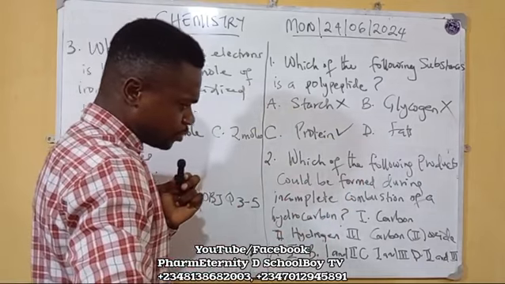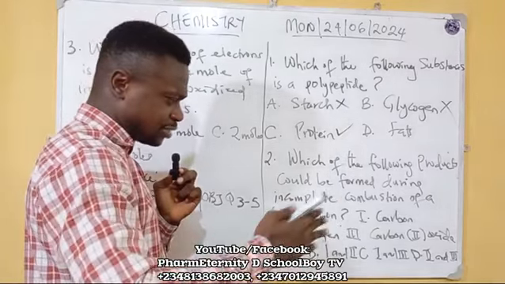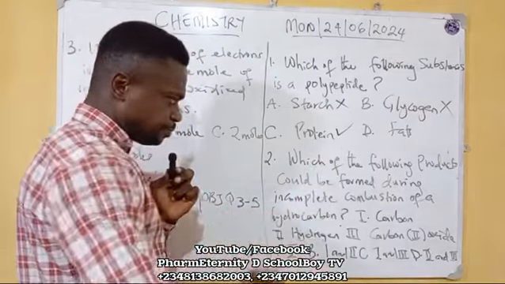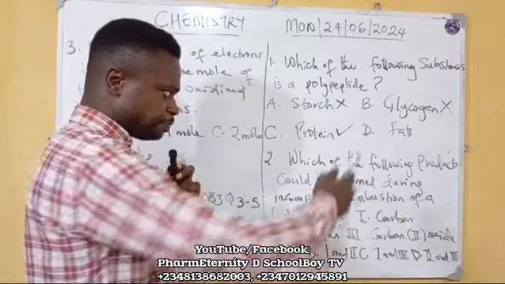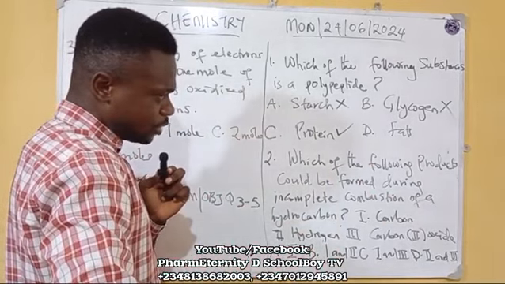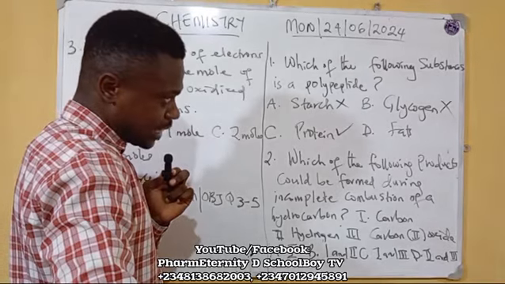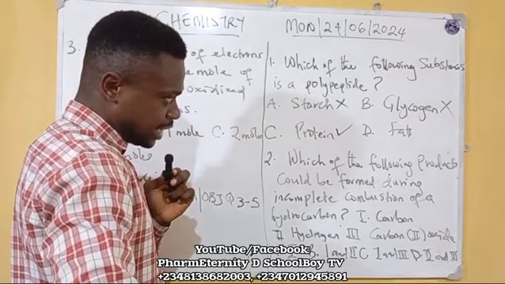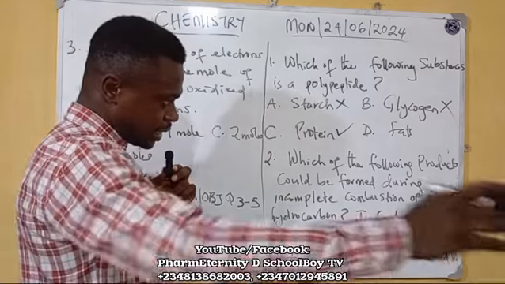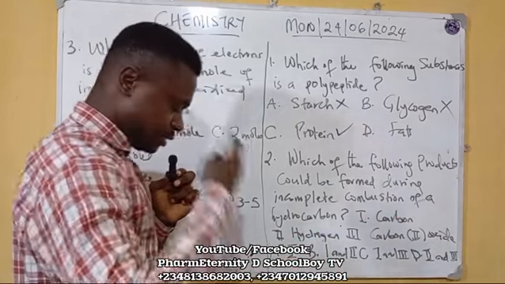Fat has successive units of propan-1,2,3-triol ester. It is an ester formed between the alkanol and the fatty acid.